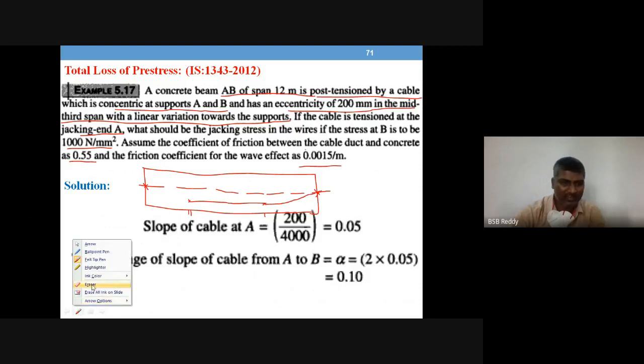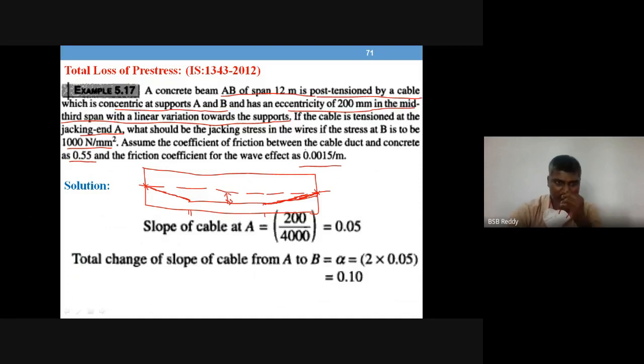Let us try in this manner. Better. Find some way. Yeah, this is somewhat better. So this is how the cable is. So 200 in the middle third portion and linearly varying towards support to zero eccentricity.